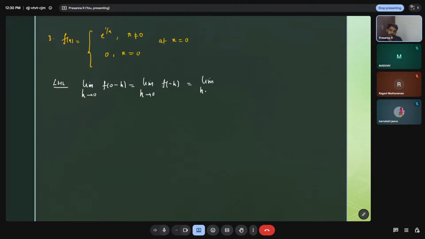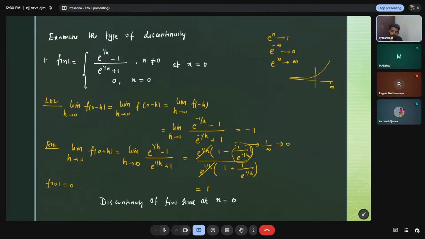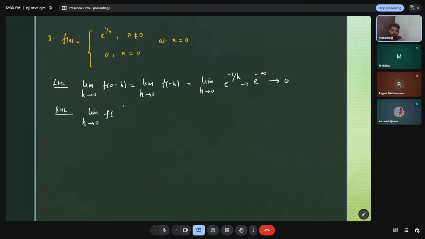So this is limit h tending to 0, e power minus 1 by h. So this will tend to e power minus infinity. This will tend to 0.